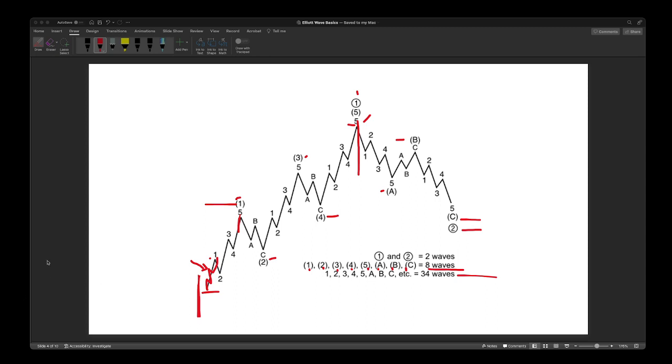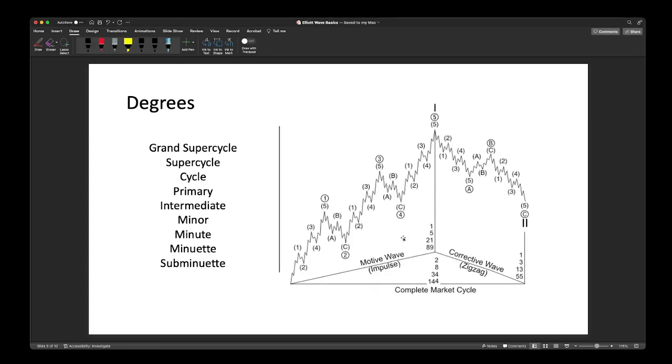Here's an example of these degrees. As indicated before, in this small 1-wave move right here, there are 5 waves inside of it. And in this huge cycle right here, there's only 1 wave, and this is wave 2.